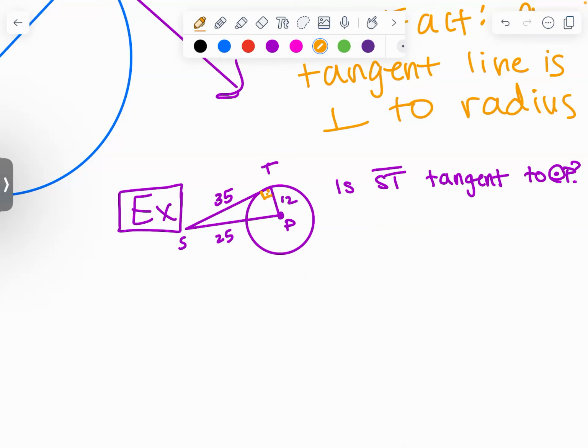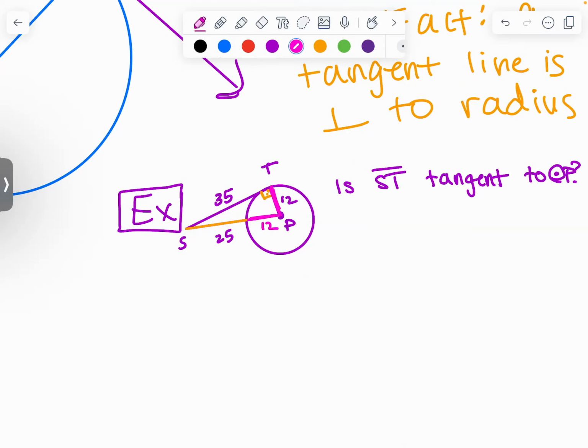Hey, how long is the hypotenuse? It's 24. Oh, wait. 70. Wait, hypotenuse? So this would be the hypotenuse, correct? So all radii are the same. So if this is 12, what's this? Also 12.